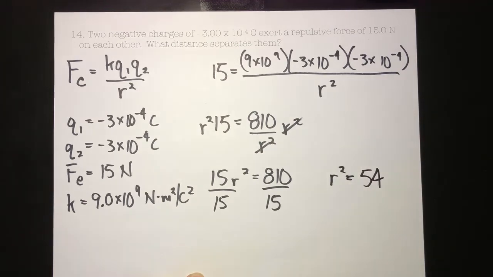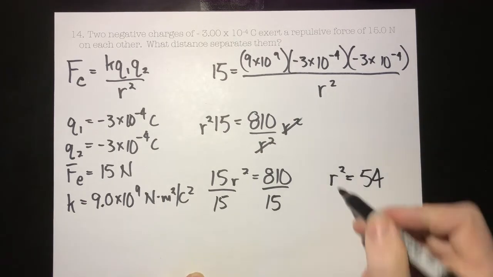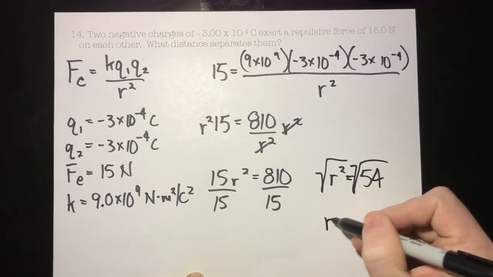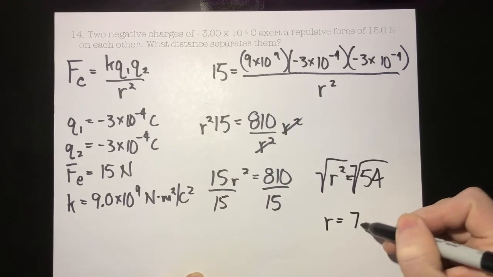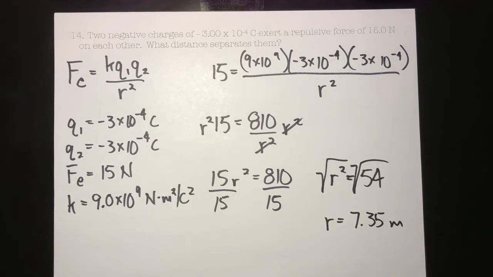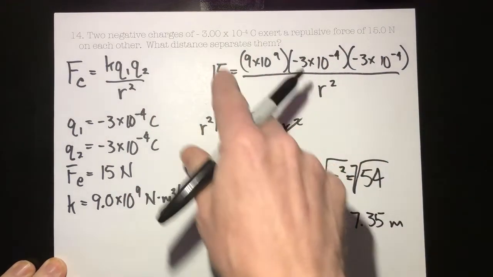But I'm not solving for r squared, I'm solving for r, so I have to take the square root of both sides. And when I do that, I get r equals 7.35 meters.